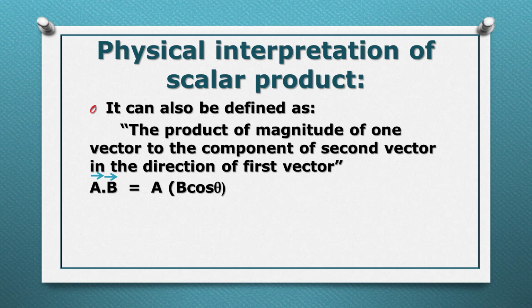This B cos theta is the product of the magnitude of one vector with the component of the second vector in the direction of the first vector. We dropped the perpendicular from vector B on vector A, and multiplied the magnitude of vector A with the magnitude of the horizontal component of B. Both of these give us the dot product of vector A and vector B.